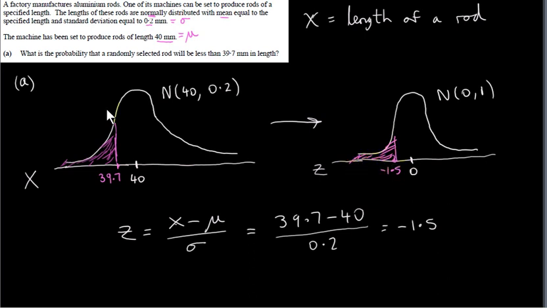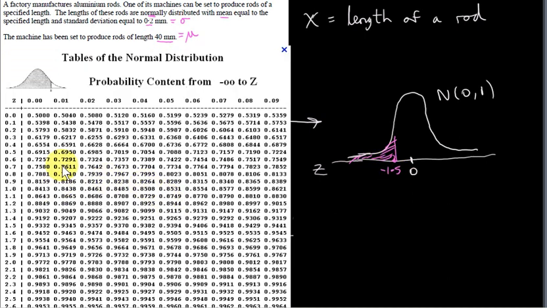So that's where we go to our standard normal distribution tables, or what's sometimes called the z-tables. Now, these particular tables give us the area to the left of positive z-scores, whereas here we want the area to the left of negative or minus 1.5. So what do we do?